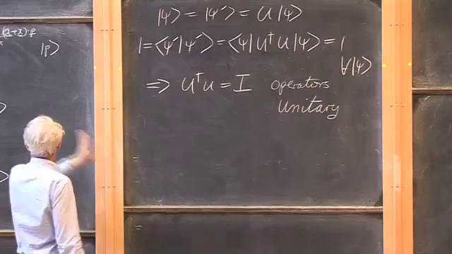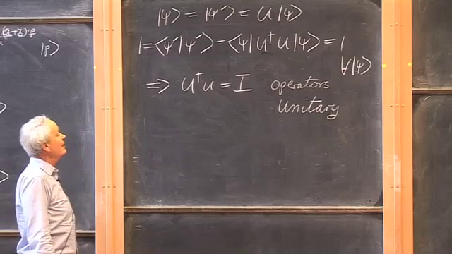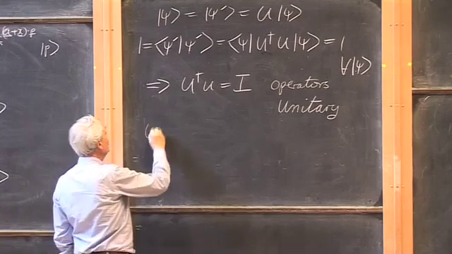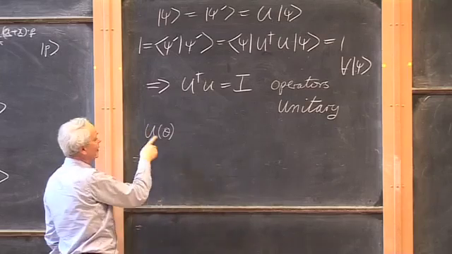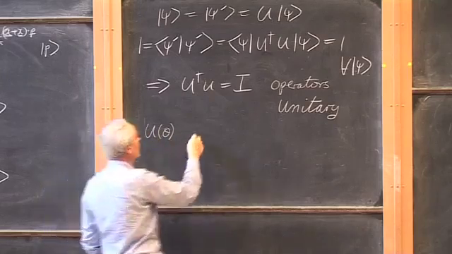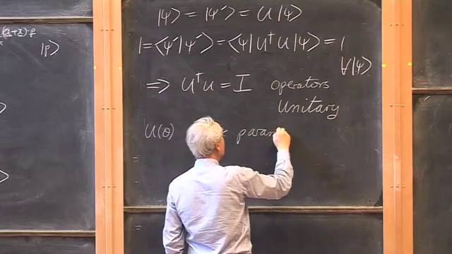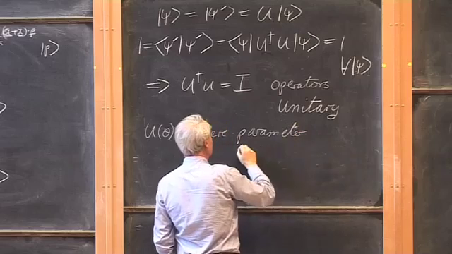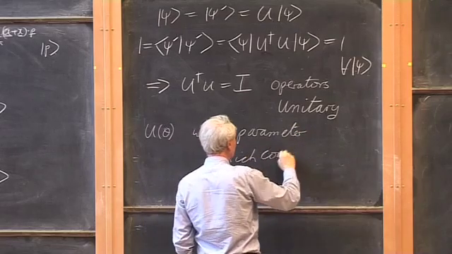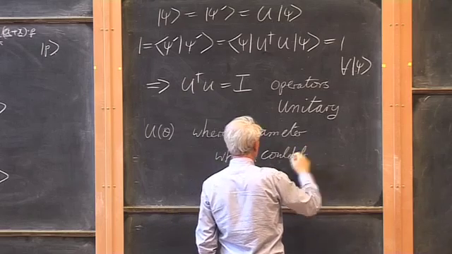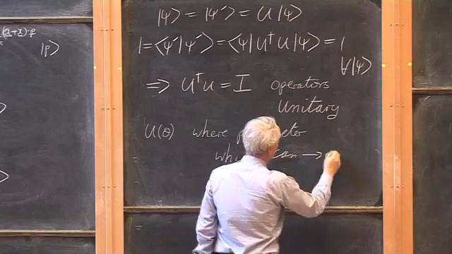Now we're dealing with one such earlier on. Let's suppose that U is a function of θ. Let θ just be some parameter which we can make small, which can go to 0.